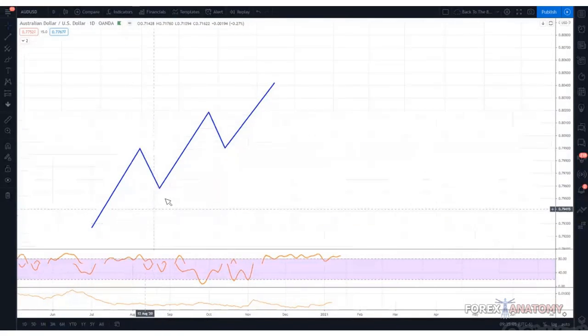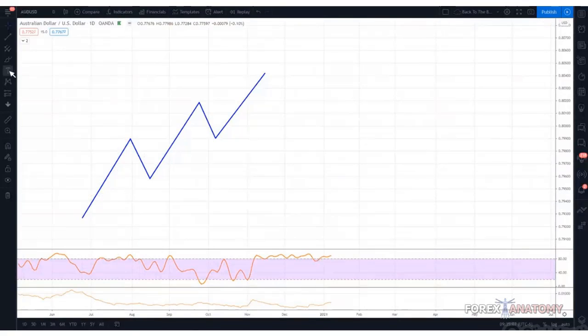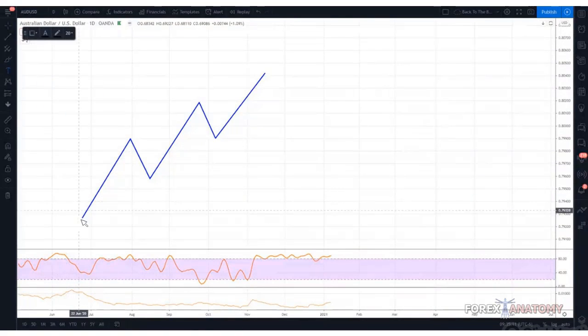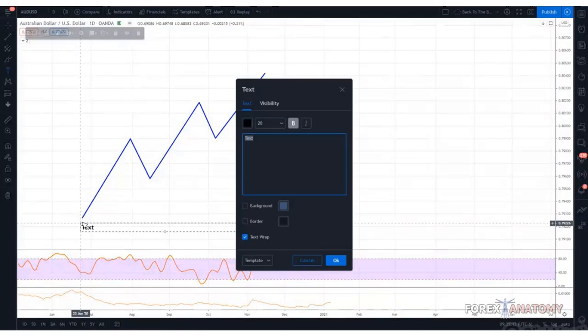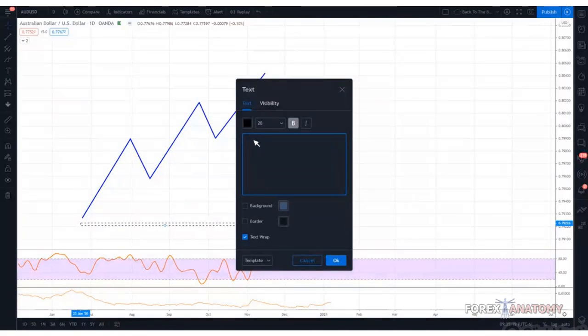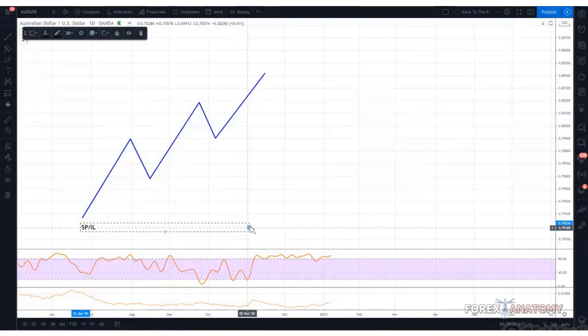So let's define this area right here as your starting point. We're going to call this our starting point, or our initial low. So that could be our initial low, right?